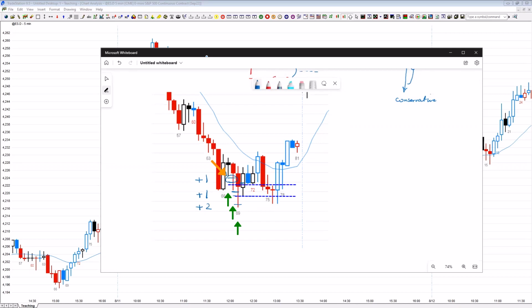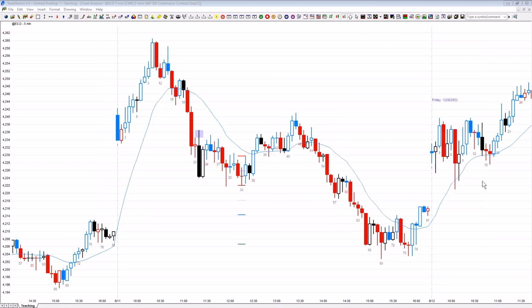So basically, you just buy and wait for the market to get back to the first cost average and exit there, and this guy becomes KIA, killed in action. Makes sense. Yeah, that's one of the ways that you can be aggressive, but still in a logical way.